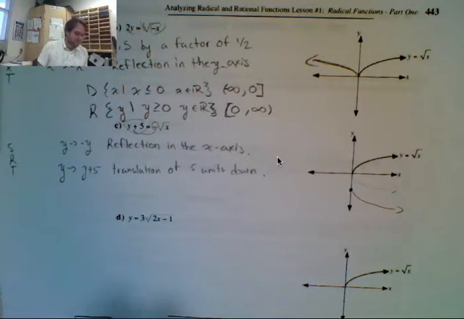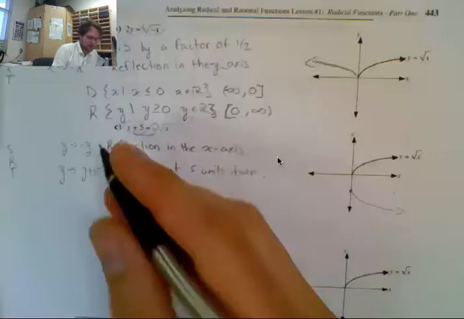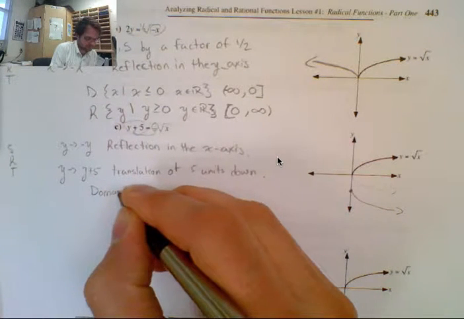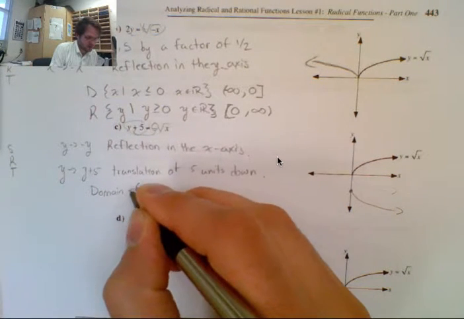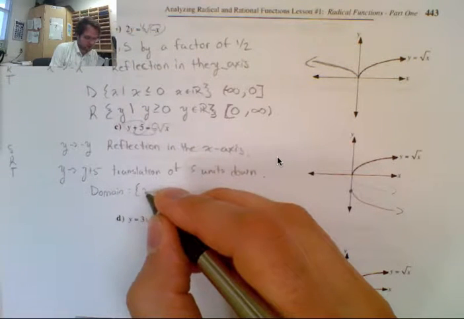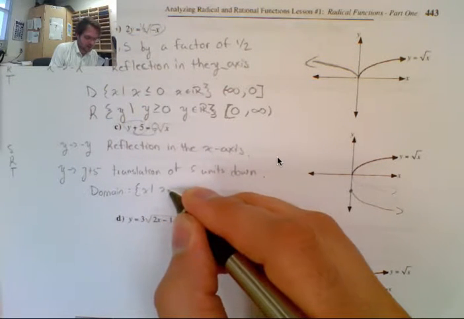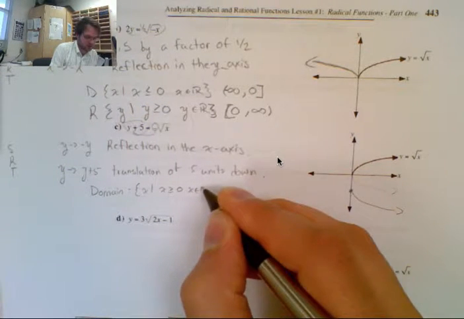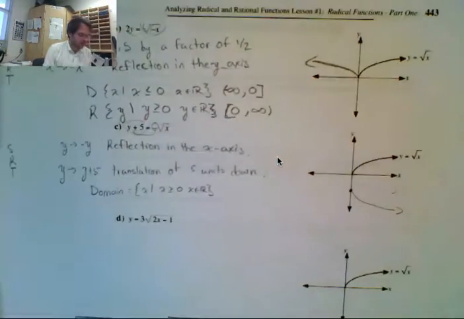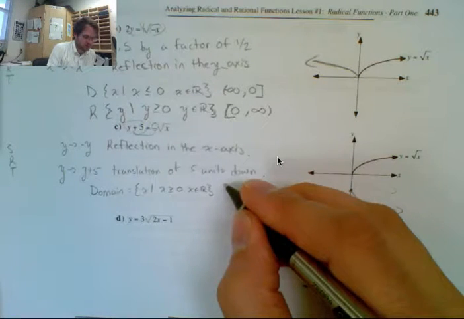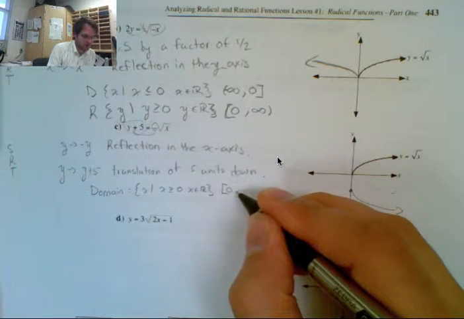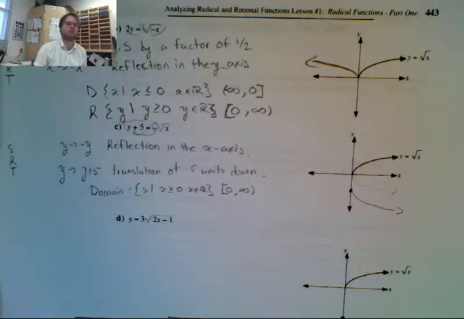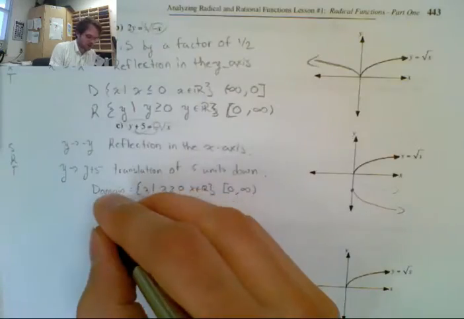Now, we're going to look at my domain and range. So my domain, we're looking at x such that x is greater than or equal to 0, and x is an element of all real numbers. And we are going to write it the other way as well. So we have 0, comma, infinity, where 0 is closed because it could equal 0. Now let's take a look at my range.